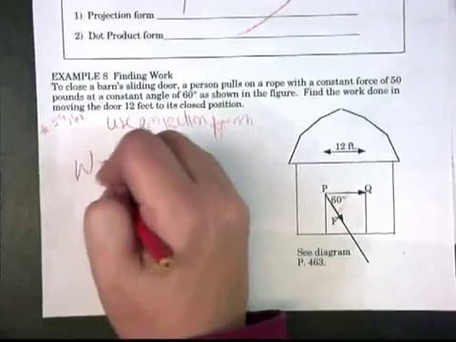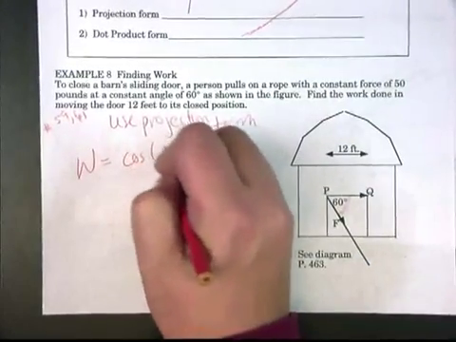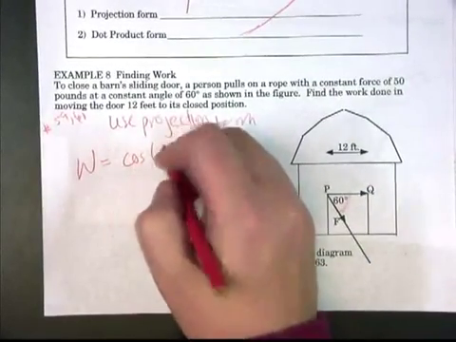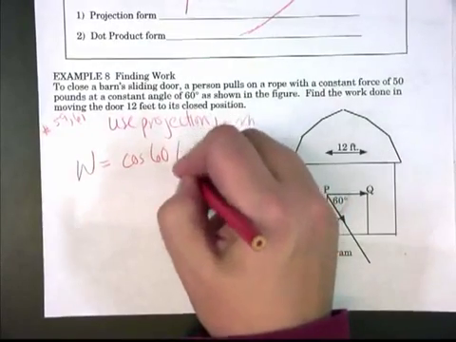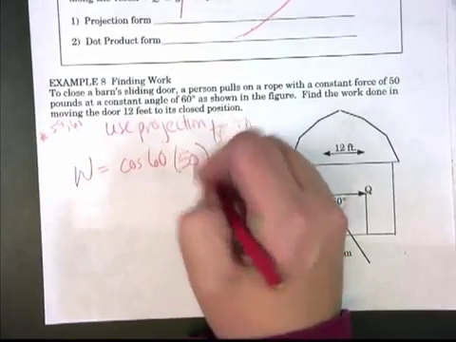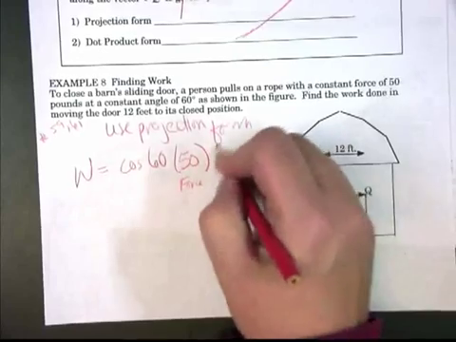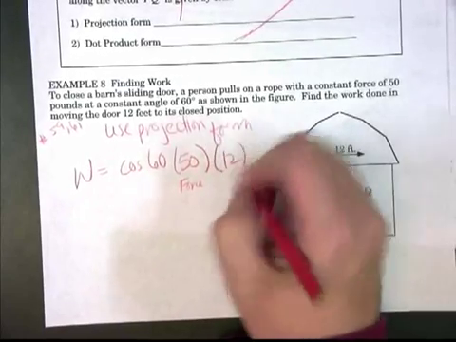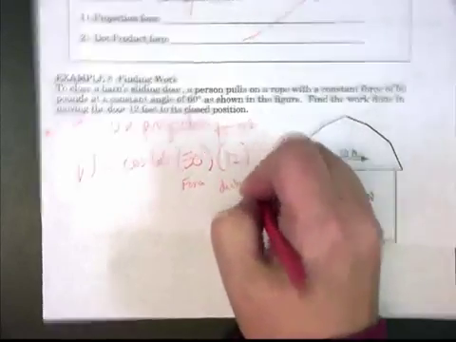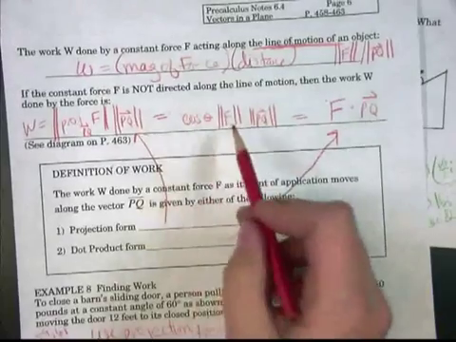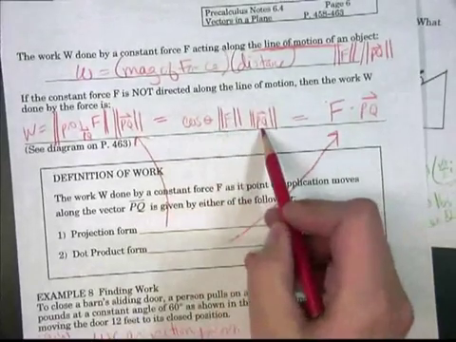So work is the cosine of the angle times the force of 50 times the distance of 12. So the cosine of the angle multiplied by the force and the vector, which is the distance, length.